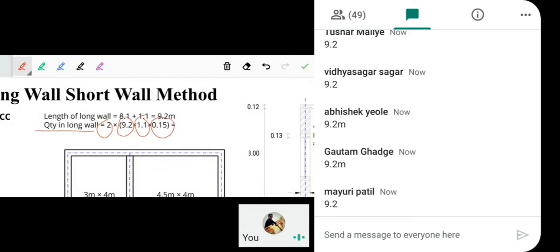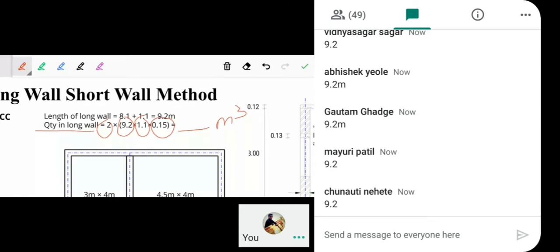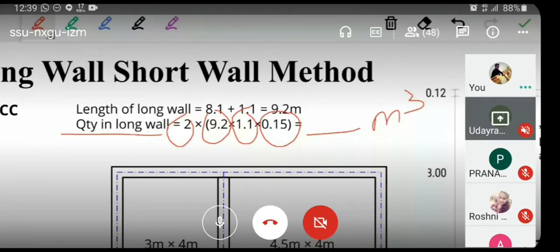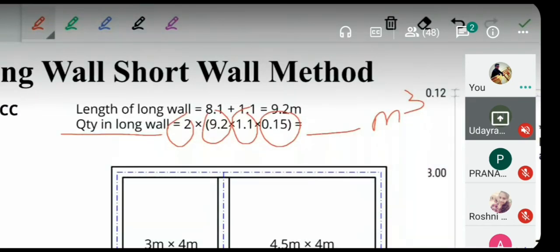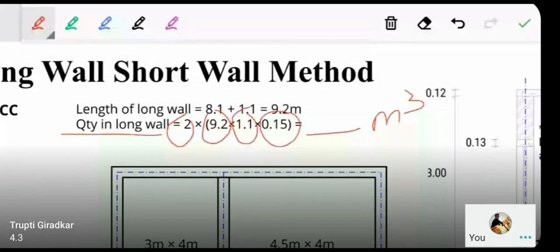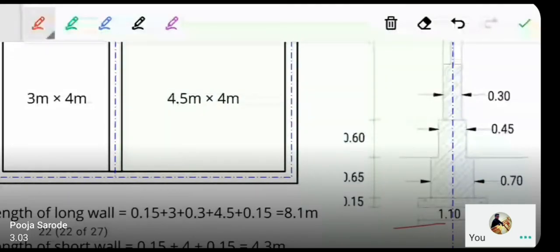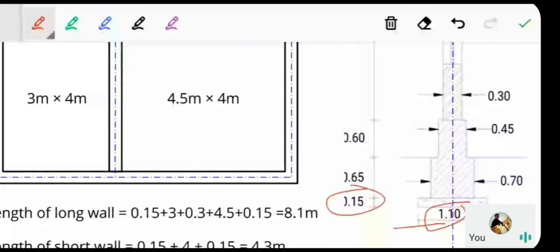That will give us the quantity in meter cube. So what quantity did you get?